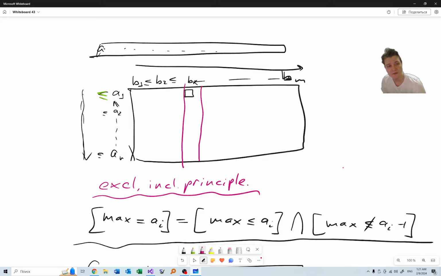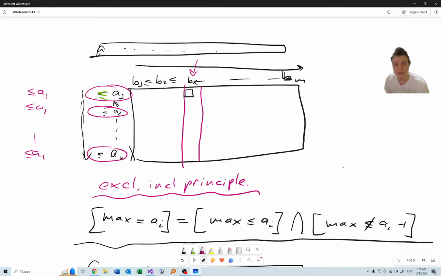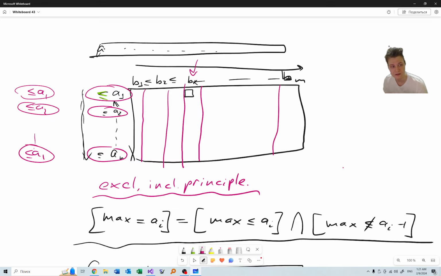Assume that we already chose some numbers here, so we know that the maximum is at most, for example, A1, A2, etc., AN. It is at most these numbers, but not exactly these numbers. Now all columns are independent. We can solve the problem separately for each column. If we have fixed these numbers, we can work it out independently for each column.